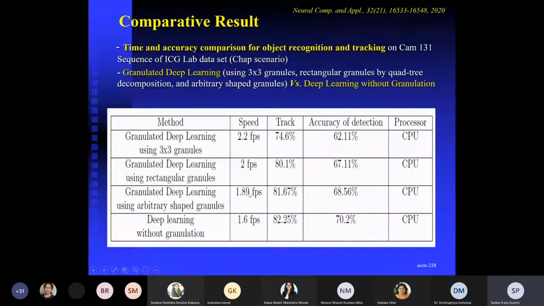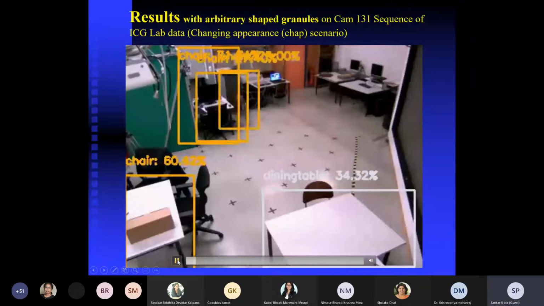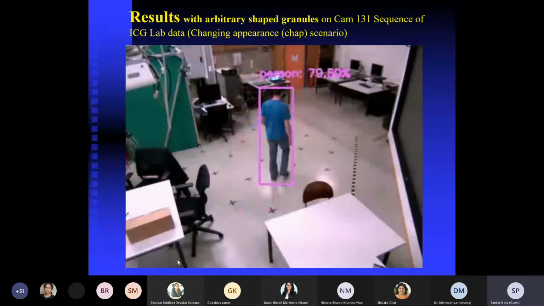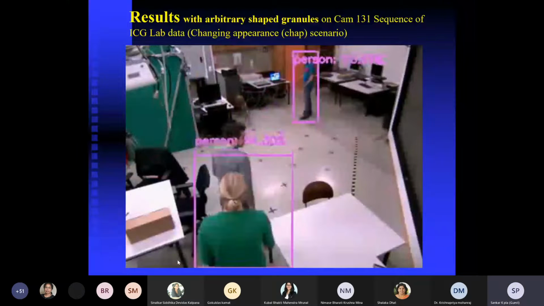And see the accuracy of granular deep learning versus deep learning without granulation on the same laboratory data. You get the same accuracy with granulated deep learning.